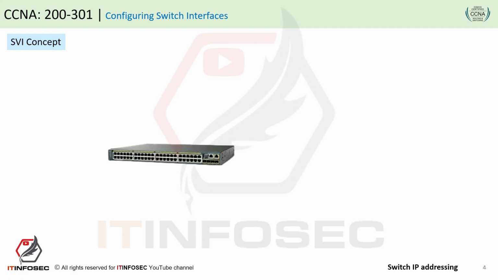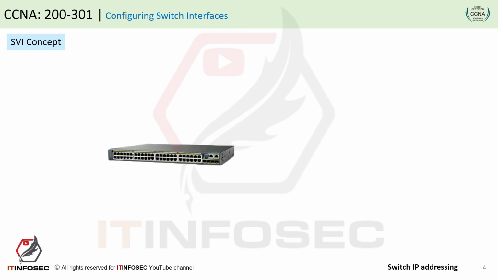Maybe I can say it's a paradox. We will need at least one IP address on the switch so that we can connect to that switch remotely and configure it, and any other items we may need to implement on that switch.